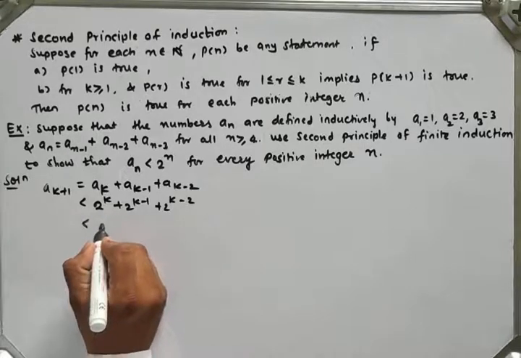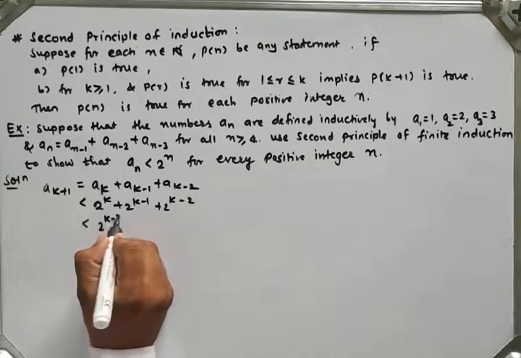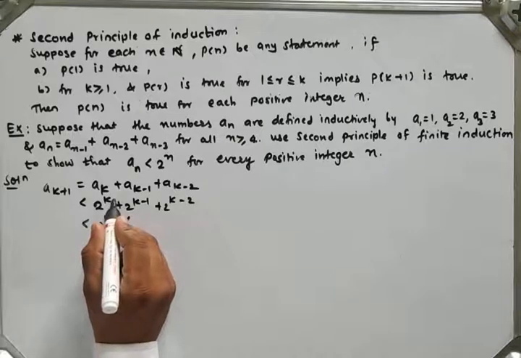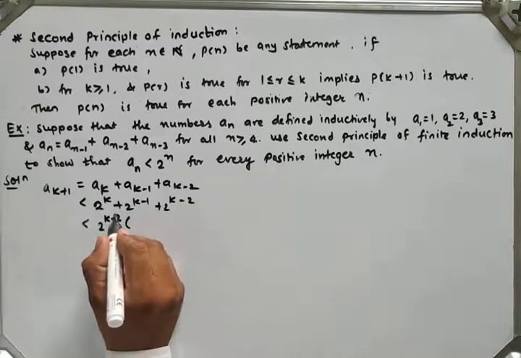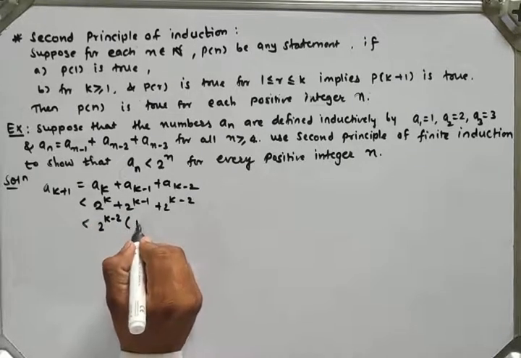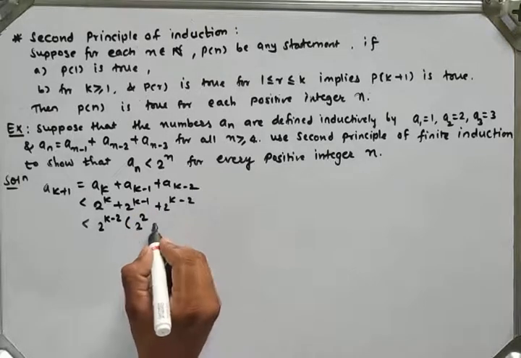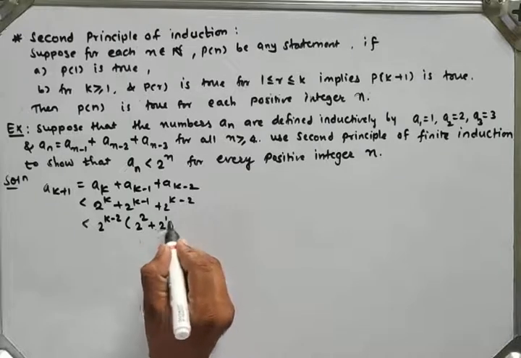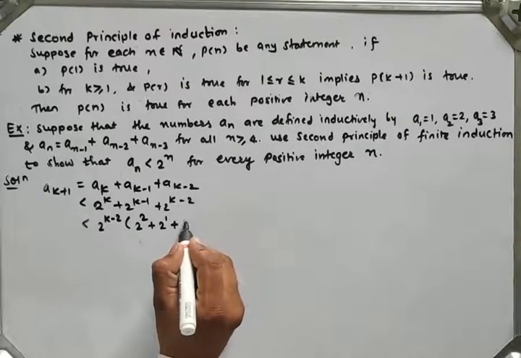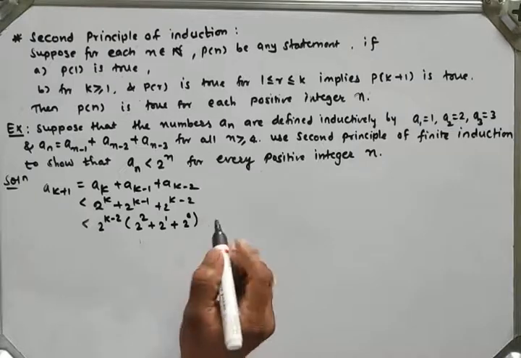So what will I get here? After taking 2^(k-2) outside, here I get 2^2 plus 2^1 plus 2^0, right?